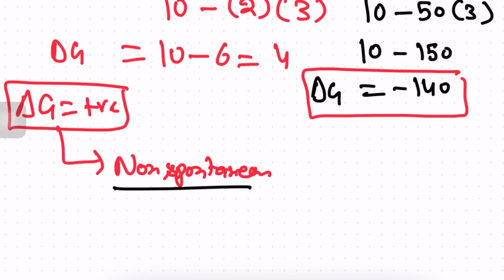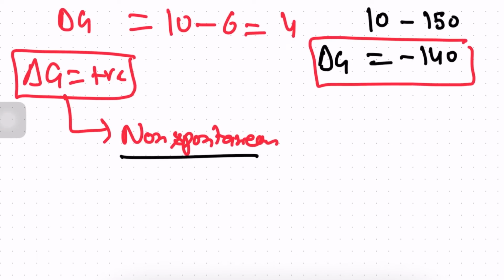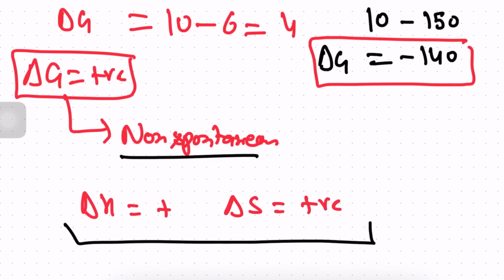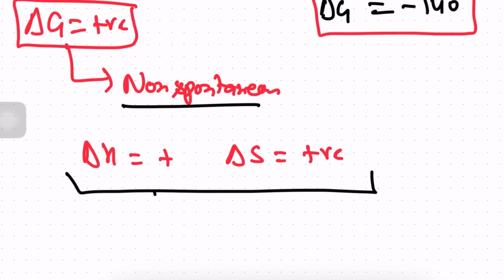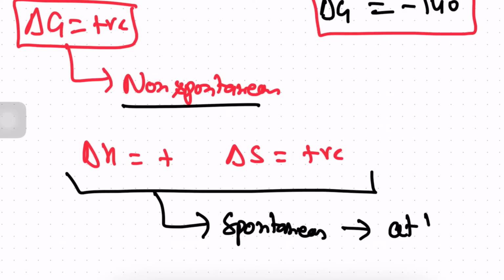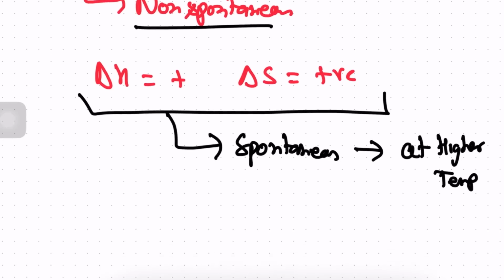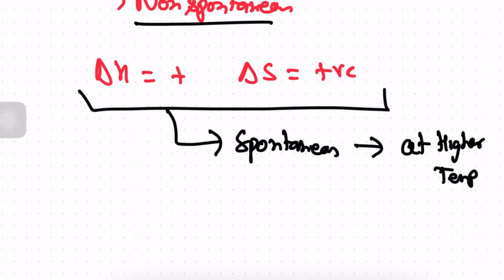So we have seen that if delta H is positive and delta S is positive, such reactions will be spontaneous at higher temperature. Now I want to give you one example, the melting of ice.